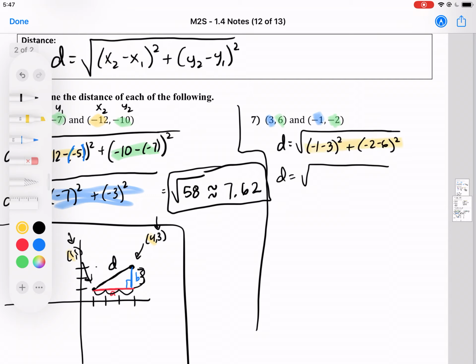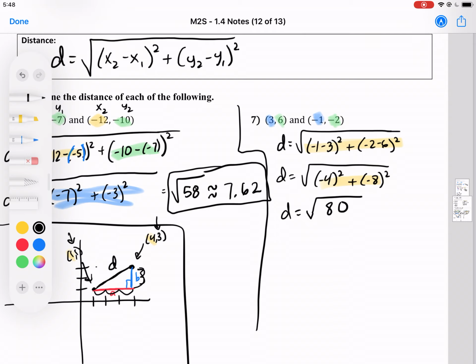So I'd get -4 squared plus -8 squared. And then I'm going to put that in, but not the square root, so don't put the square root in. I'll take my -4 squared, add it to my -8 squared.